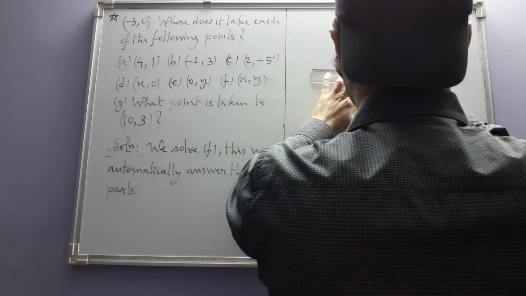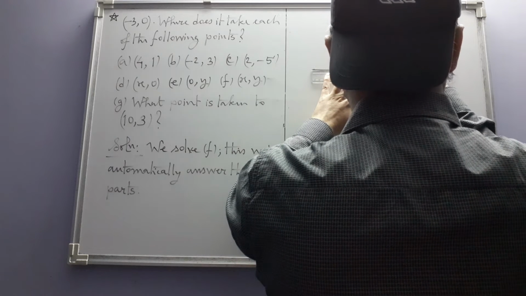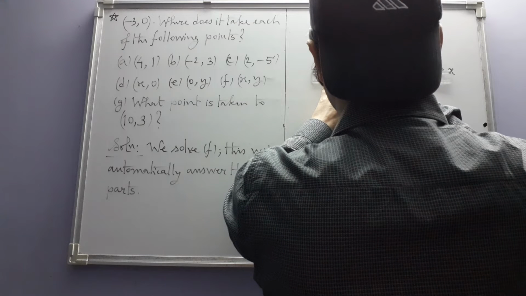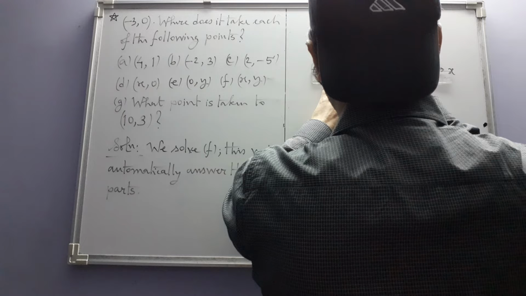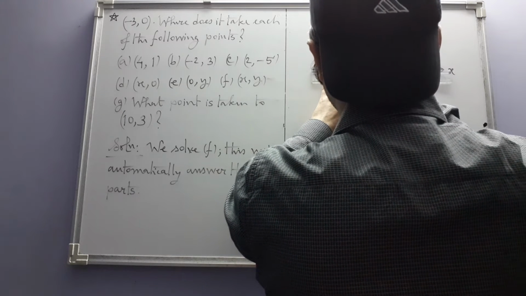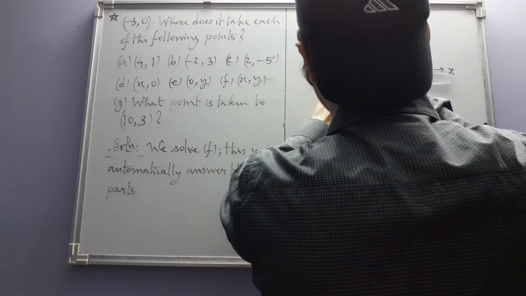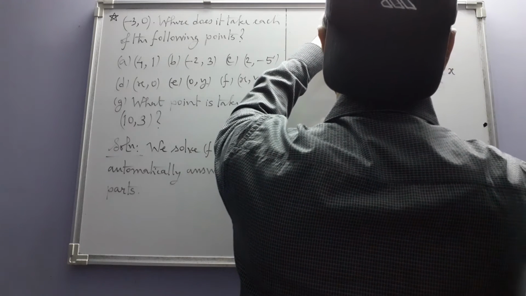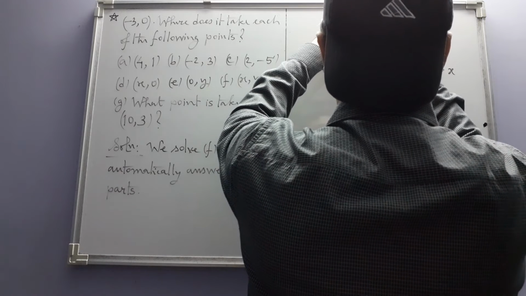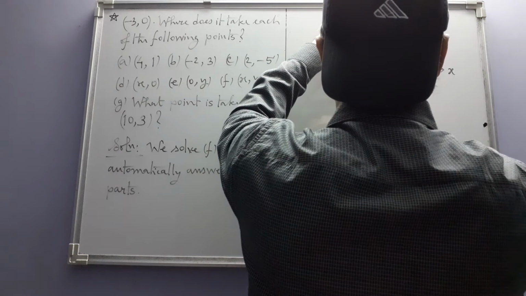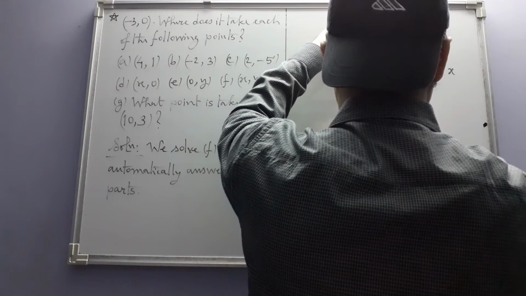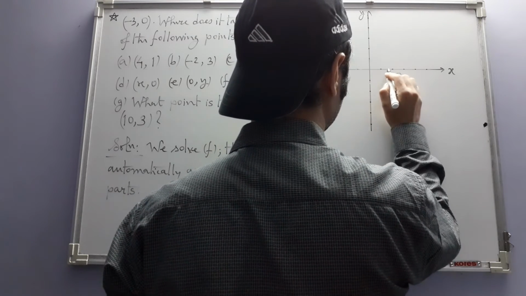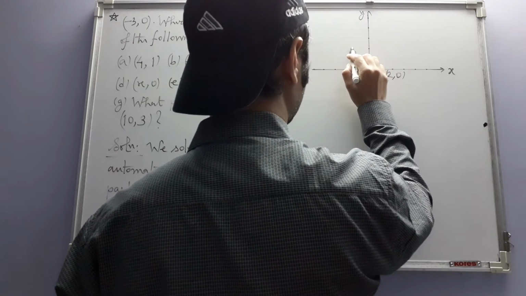Two, 0, we can put our numbers at regular intervals. So this is 2, 0, this is taken to 0, 2.